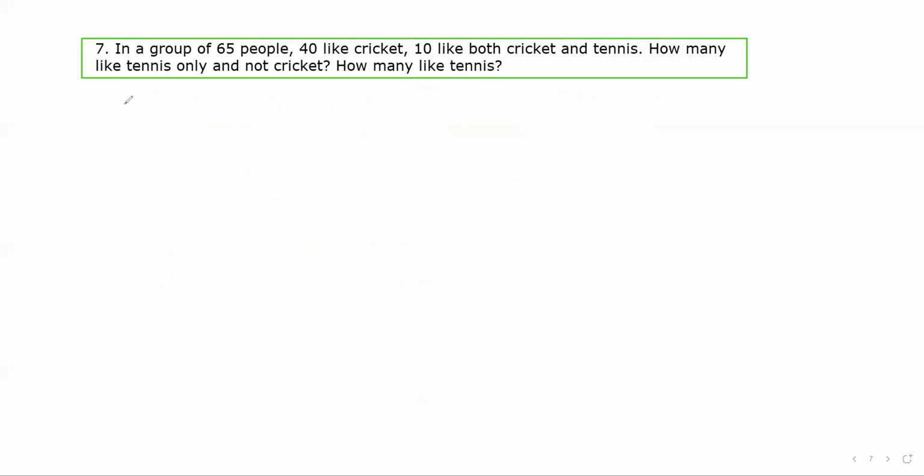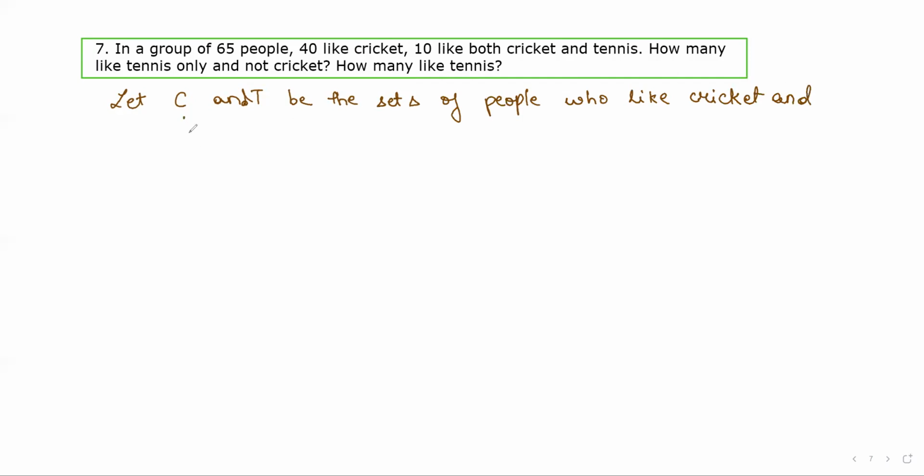Therefore, let C and T be sets of people who like cricket and tennis respectively.